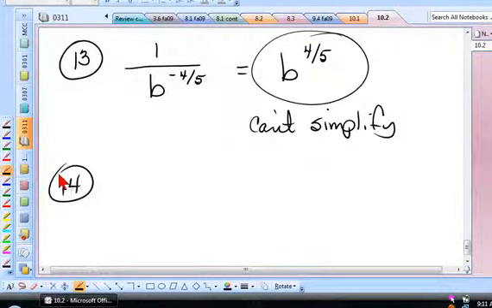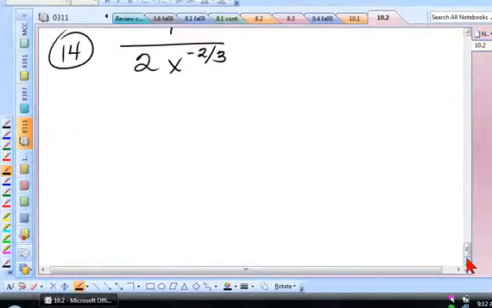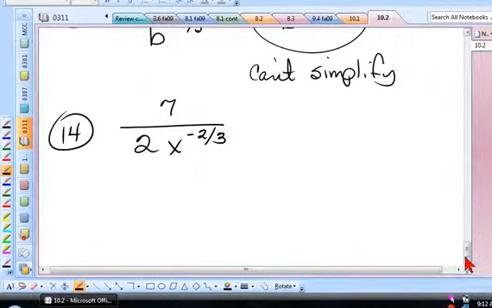Number 14. Okay, we have, is that +7? Yeah, 7 over 2x to the -2/3 power. Instructions. Whoops, oh well. Write with positive exponents, simplify if possible. Okay. Well, you see a negative exponent. Negative exponents are forbidden.